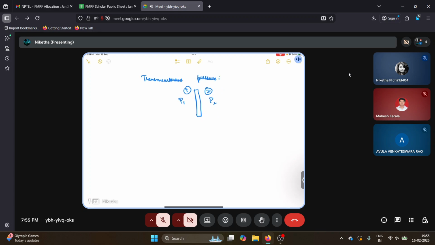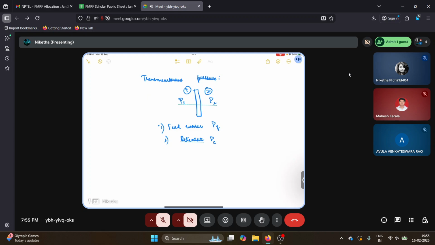Here P1 is actually made of two components, because on the inlet side we are dealing with two kinds of water. One is the feed water or inlet water, and the second is your retentate. Both are on the inlet side only, so both will exert pressure on the membrane. The feed water pressure is PF and the retentate pressure is PC.